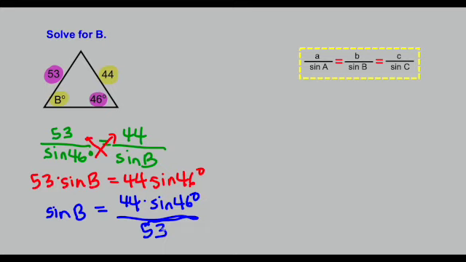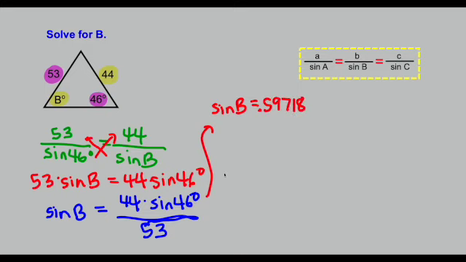All right, so go ahead and grab your calculator, and for now, what I want you to do is write out the first 5 digits you see when you do this calculation. So do 44 times sine 46 degrees, and then divide by 53. So when I did this, I'm going to write it up over here. I got sine of B equals 0.59718.